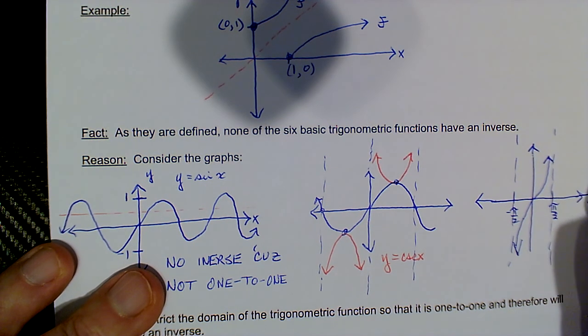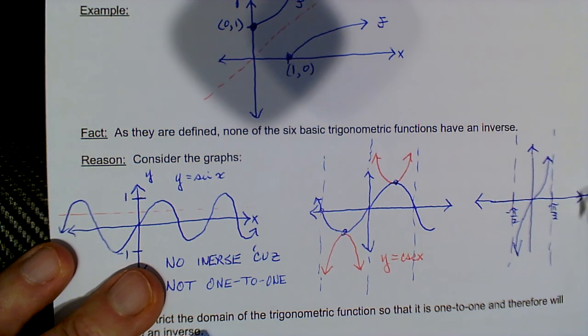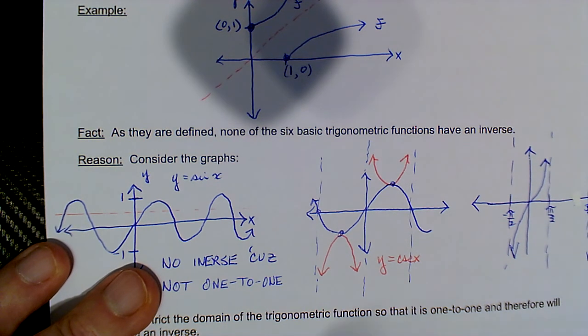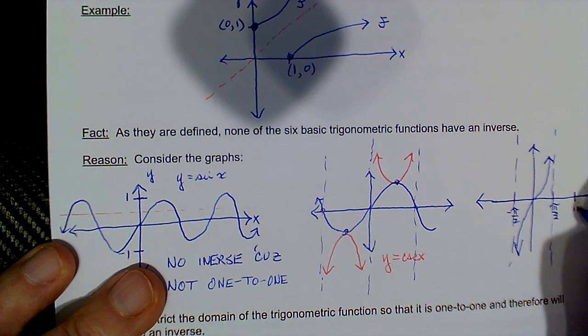So let's say that's 3 pi over 2. Halfway between pi over 2 and 3 pi over 2 is pi, and that would be where it crosses.